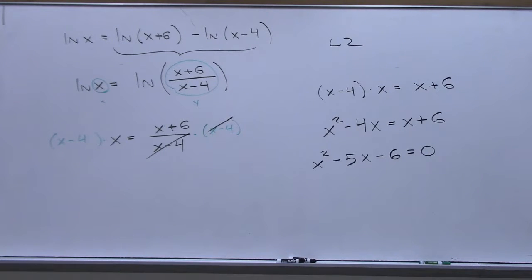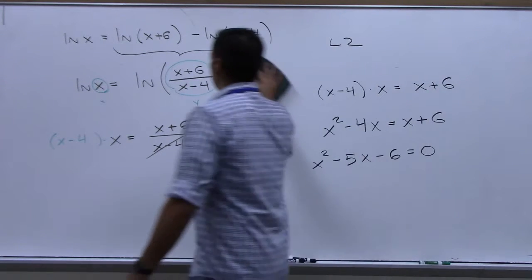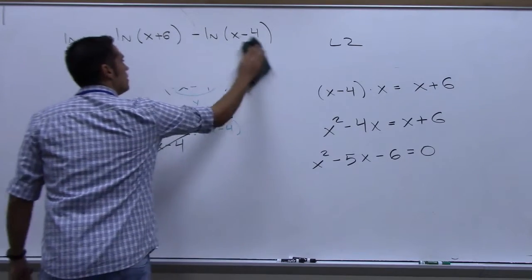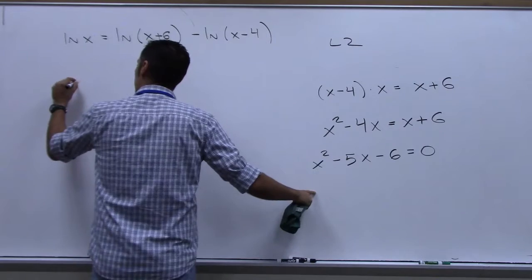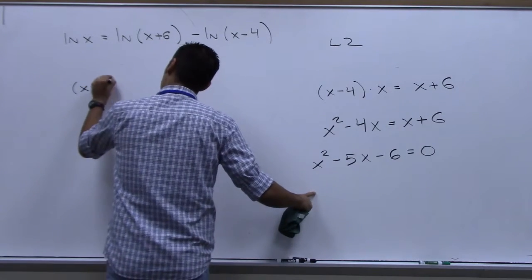Is that factorable? Yes. Been getting lucky, haven't we? I'm going to leave the original problem up here because I'm going to be using it to check in a minute. So this is x minus 6, x plus 1.